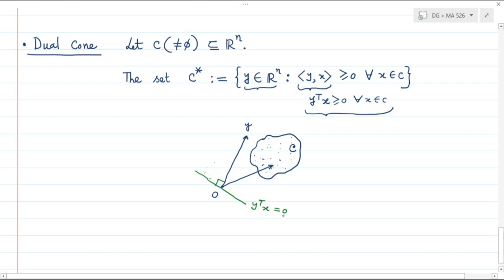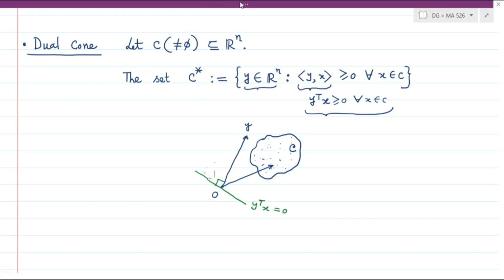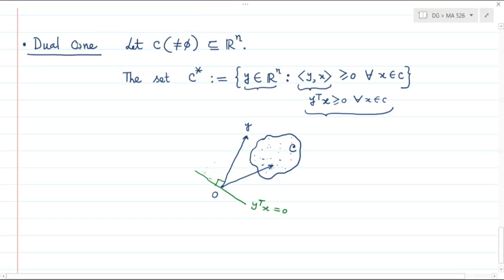Not only is it one side, but it also says the following: this y can be a candidate of C star provided not only that the set C lies on one side of the hyperplane, but also that any vector you consider in the set C must make an angle less than or equal to 90 degrees with y, right?